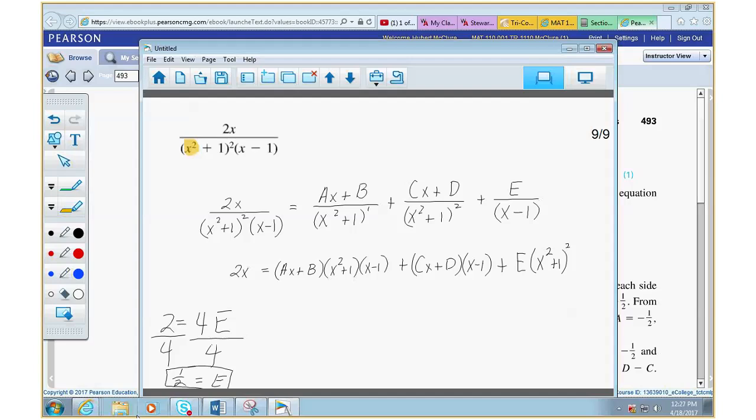So 2x is equal to ax plus b times x to the third minus x squared plus x minus 1 plus cx squared minus cx plus dx minus d plus e times x squared.